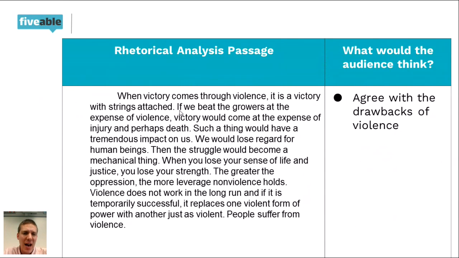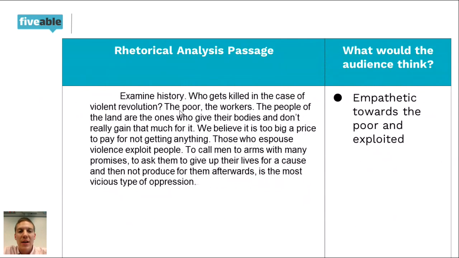The audience would say, yeah, that sounds right. We would agree that violence is bad, and you just laid out the reasons why. So again, pretty aligned throughout this passage. "Examine history. Who gets killed in the case of violent revolution? The poor, the workers. The people of the land are the ones who give their bodies and don't really gain that much for it.